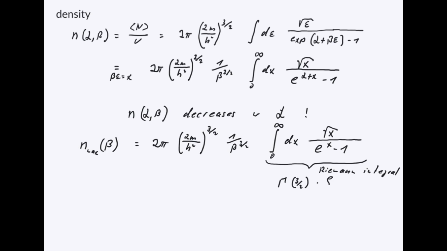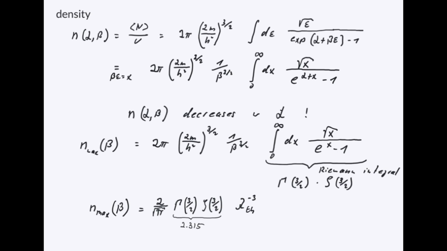Taking this result, we obtain the final expression for the maximum density of a bosonic gas when alpha is equal to 0: n max of beta is equal to 4 divided by square root of pi times 2.315 times 1 divided by lambda thermal to the power 3.